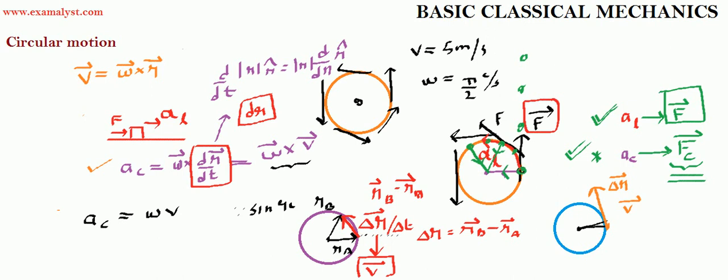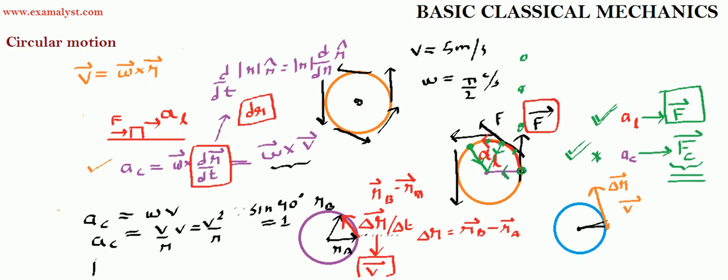This is actually true in 2D circular motion. It is nearly true 95% of the time. Now what is omega? We know that omega is v by r. We have removed the cross product because it is not required. We have assumed that theta is 90 degrees. So this is v square divided by r. So centripetal acceleration is v square divided by r.